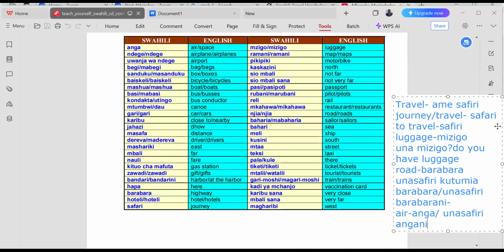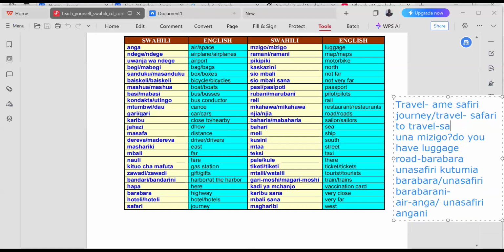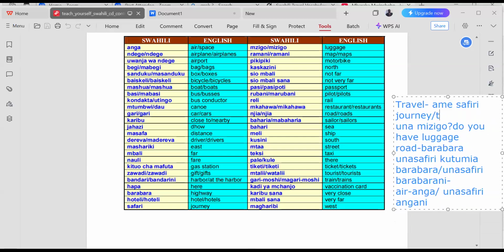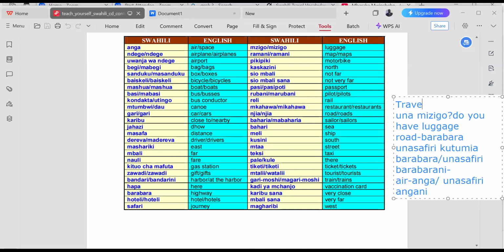Now, you can equally travel on water. You can use the water transport. Now, water, we call it maji.